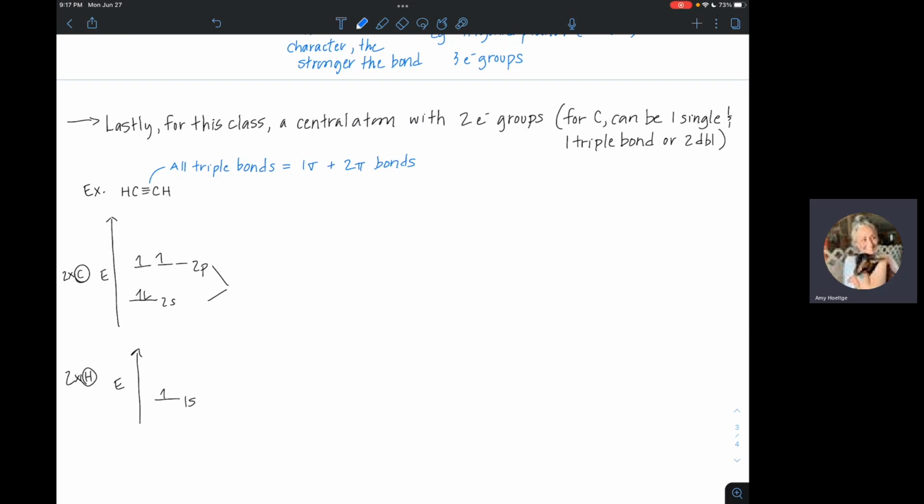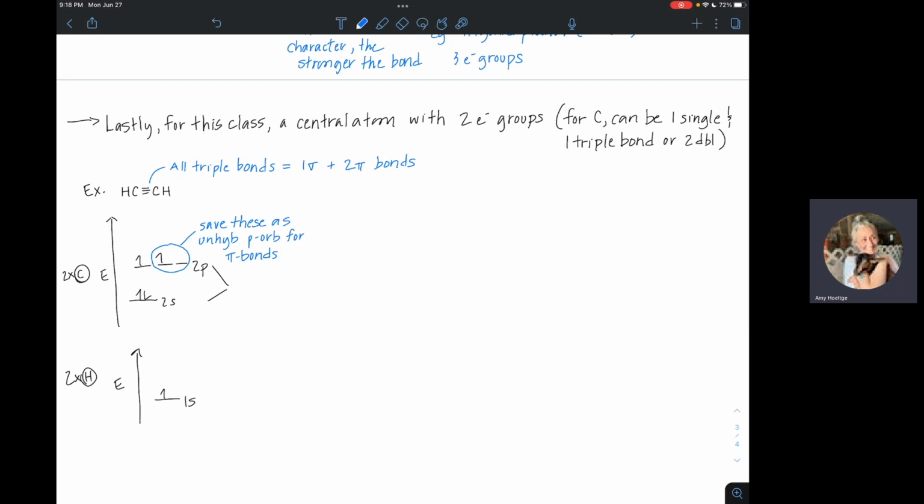So what are we going to do? We're going to hold 2. Ignore that electron for a second. It's the orbitals you want to focus on. We're going to save these as unhybridized p orbitals for pi bonds, just like we did with the double bond.